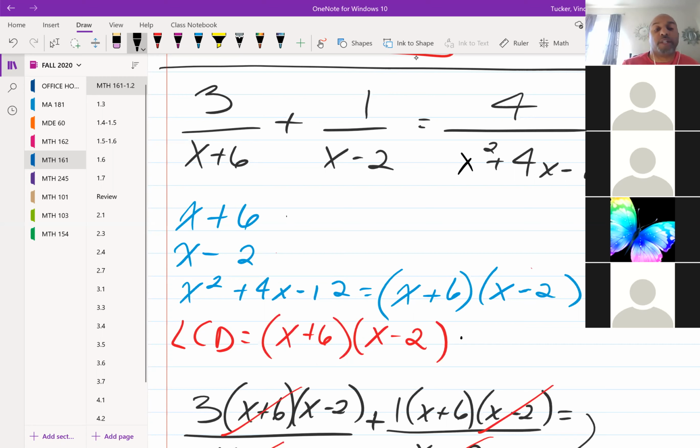And once we go to the next step, remember, we're going to follow the same procedure. First step is to find the LCD. In other words, find the simplest expression that each denominator can divide into evenly. Then we're going to multiply each numerator by that LCD and then reduce.